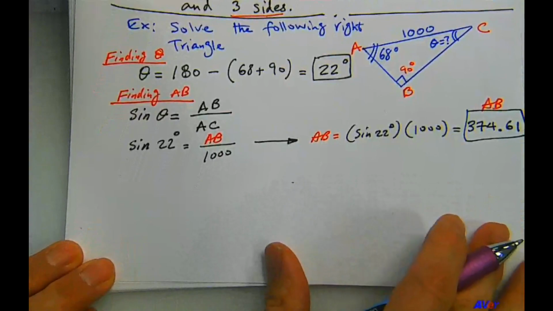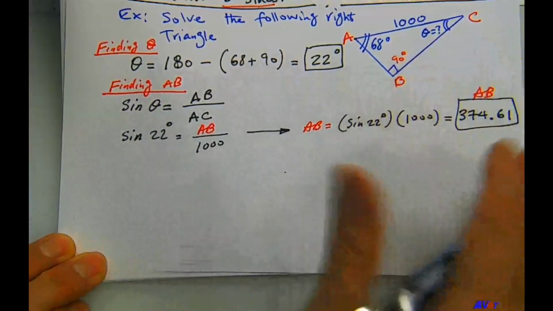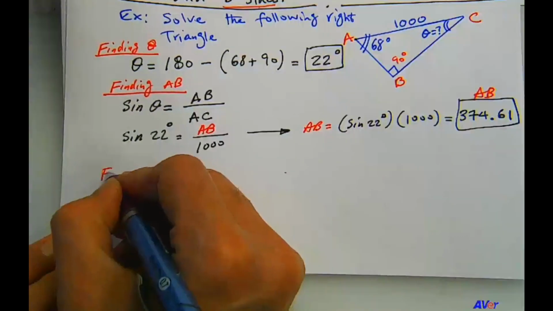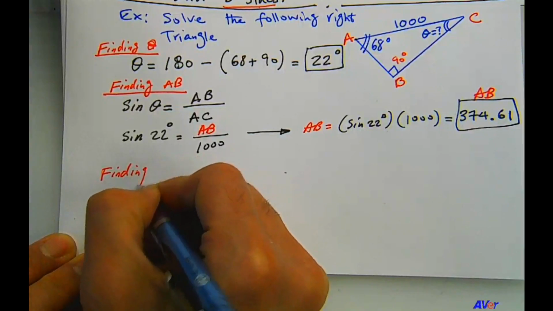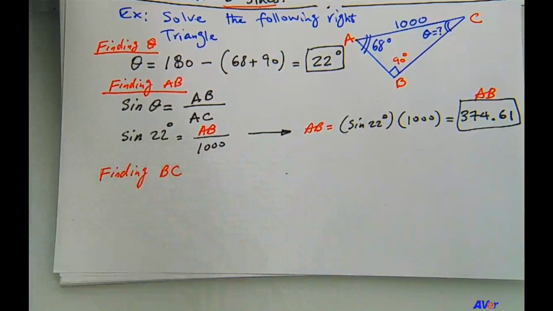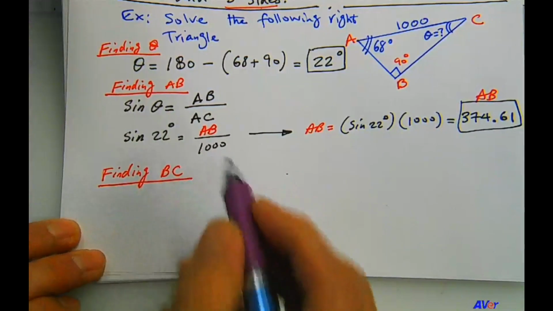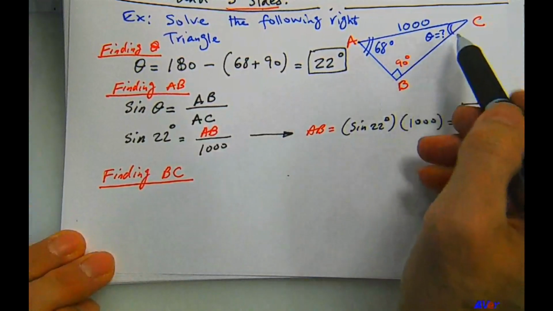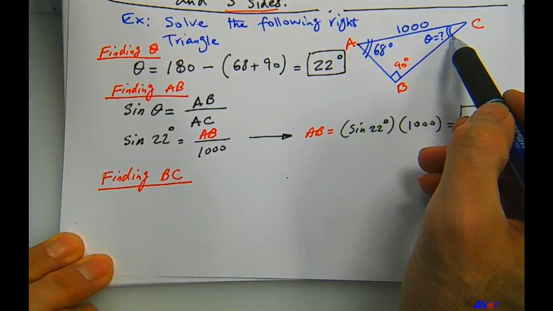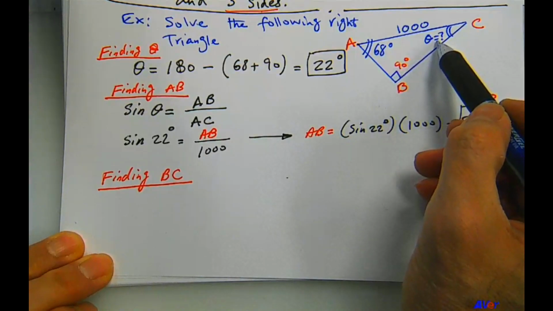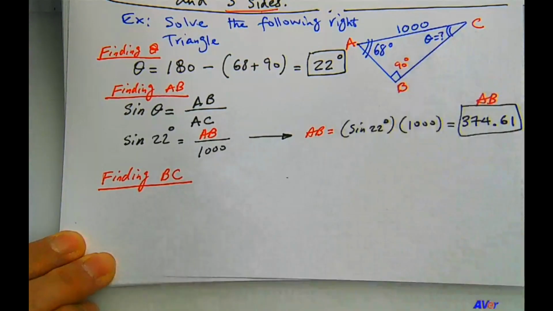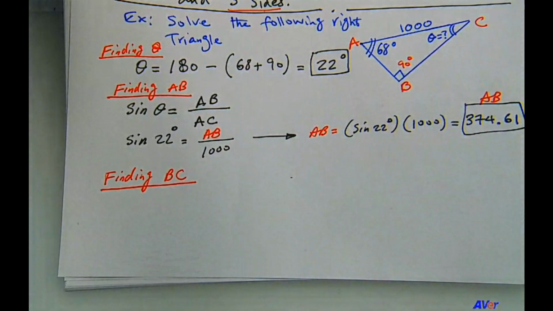Okay, so now let's find BC, right? This length. So BC is the side adjacent to this angle theta, right? So which trigonometric function can we use for that? Do you remember? Which trigonometric function makes use of the adjacent side divided by the hypotenuse?